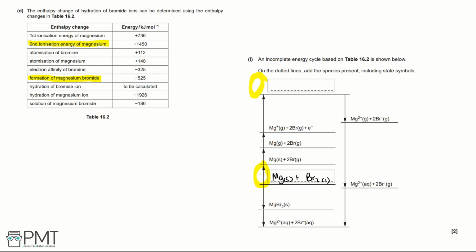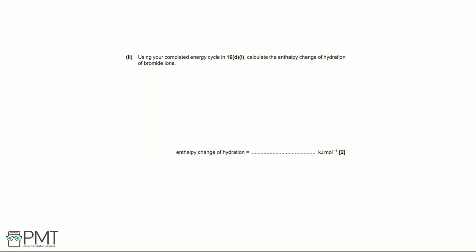So that's going to be Mg2+ as a gas, and then 2Br- as a gas also, with 2 electrons. So to get the 2 marks for this question, you get a mark for each correct equation that you've written for this question.